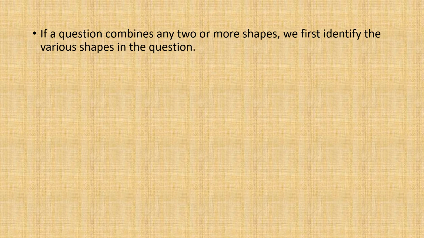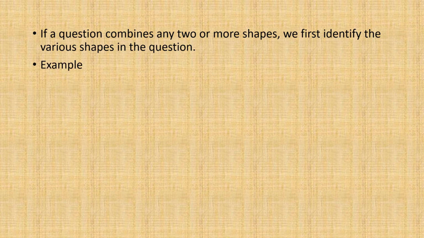That is why, before you listen to this video, you should listen to the videos on the areas of some plane shapes. Is that clear? Like area of a rectangle, area of a square, and area of a triangle.